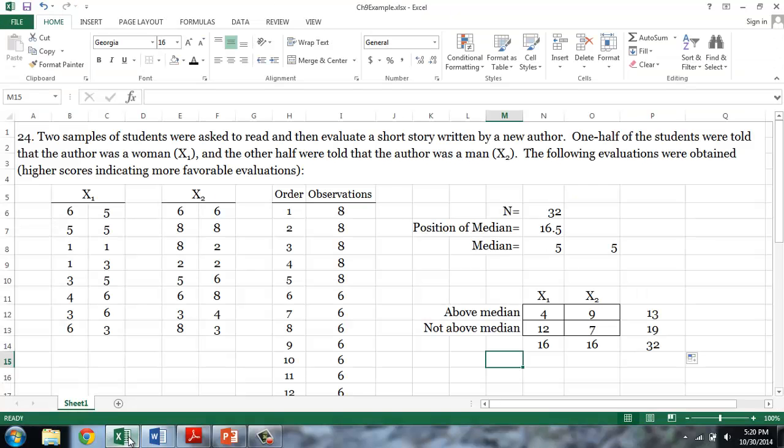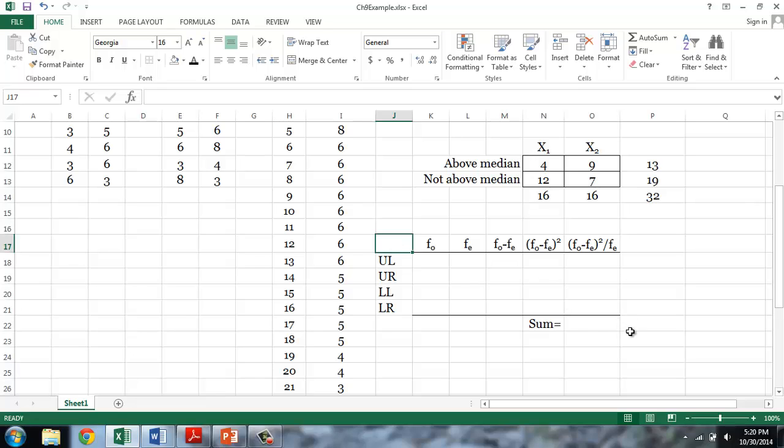Here I've constructed a table in order to calculate my chi-square statistic. Each row in the table corresponds to 1 cell in my crosstab. So UL is the upper left cell, UR is the upper right cell, LL is the lower left cell, and LR is the lower right cell.